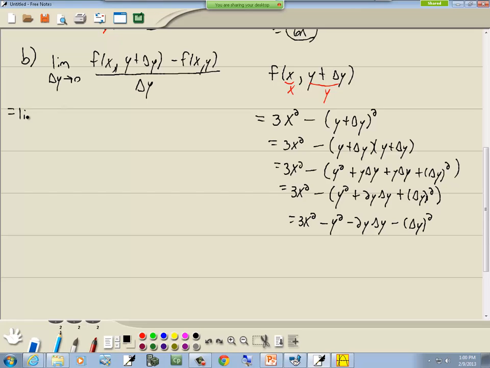And now we're ready to plug into our formula. So f of (x, y plus delta y) is equal to all of this. So that's 3x squared minus y squared minus 2y delta y minus delta y squared, minus f of (x, y), which was 3x squared minus y squared, over delta y.